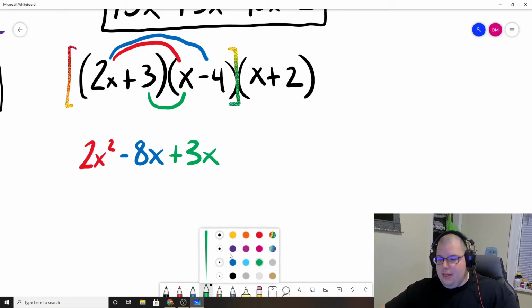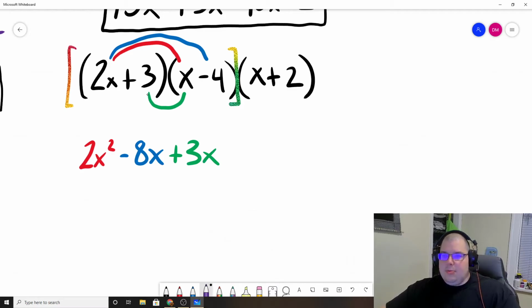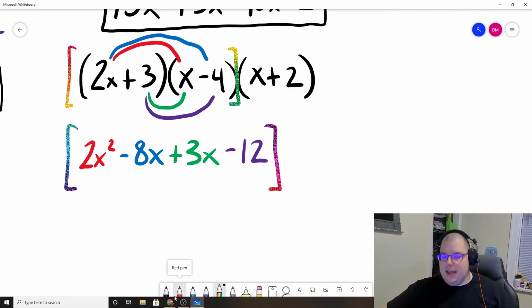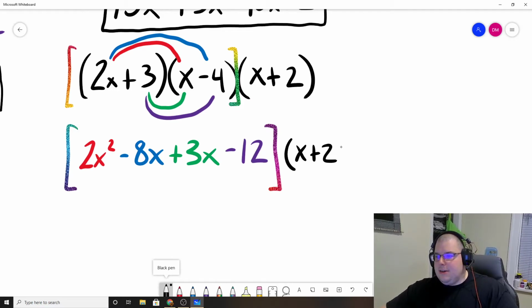And then the last: 3 times negative 4, which is a negative 12. And now all of this is one thing that we've multiplied together, so we're going to put it in some big brackets. And that x plus 2 on the very back end hangs out because we haven't used it yet.